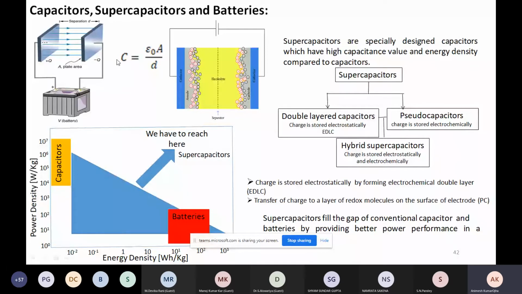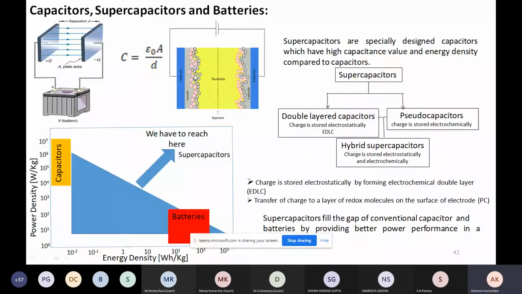And if in place of this normal plate you put a plate made of nanomaterials, which have high surface area, then this capacitance can be improved even further. So this technique is used to design a supercapacitor.